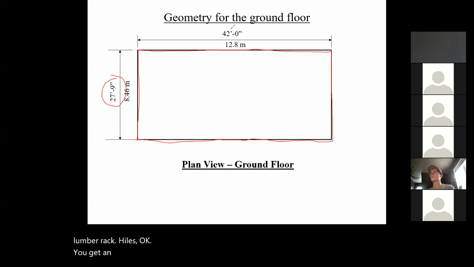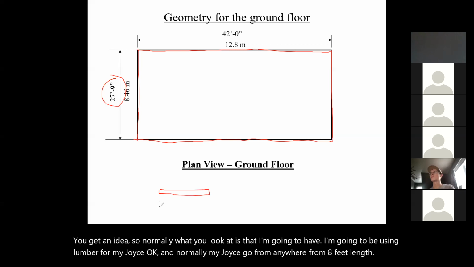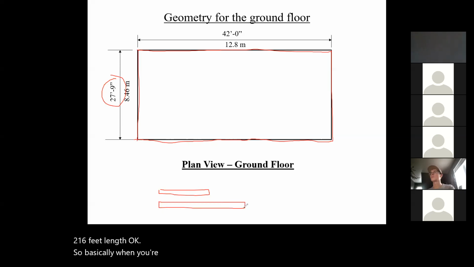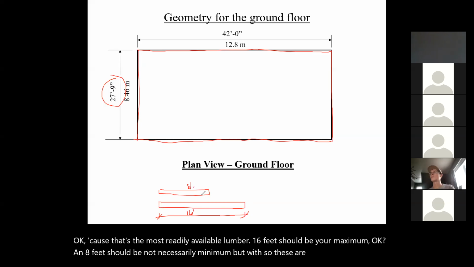Normally I'm going to be using lumber for my joists, and my joists go anywhere from 8 feet to 16 feet in length. So when you're spanning your lumber, you should not exceed 16 feet, because that's the most readily available lumber. 16 feet should be your maximum, and 8 feet not necessarily the minimum.